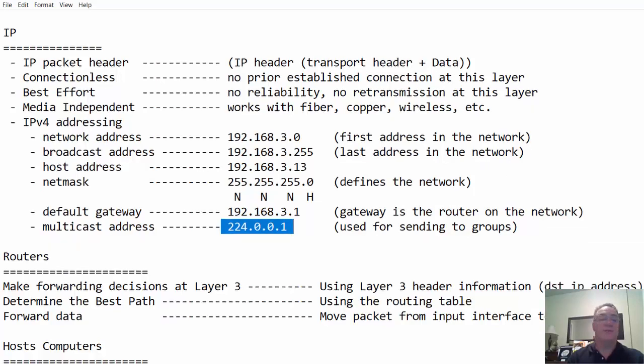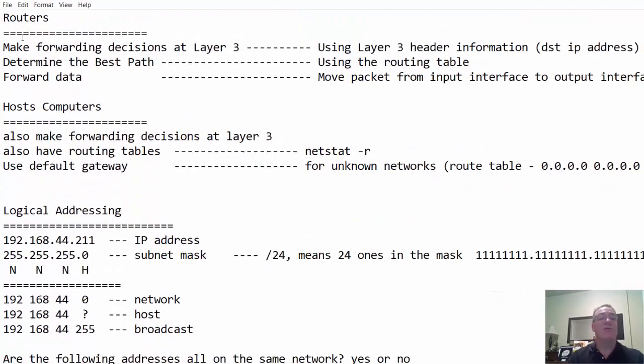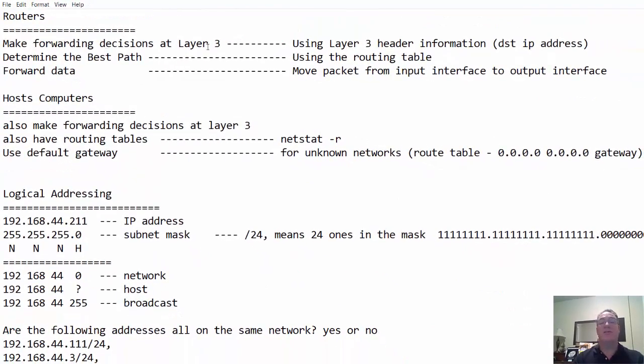Now, what about routers? We're also dealing with routers at the network layer. Routers make forwarding decisions at layer 3 using layer 3 header information, namely the destination IP address. So the routers route and forward the data based on the destination IP address. Routers determine the best path through a network.